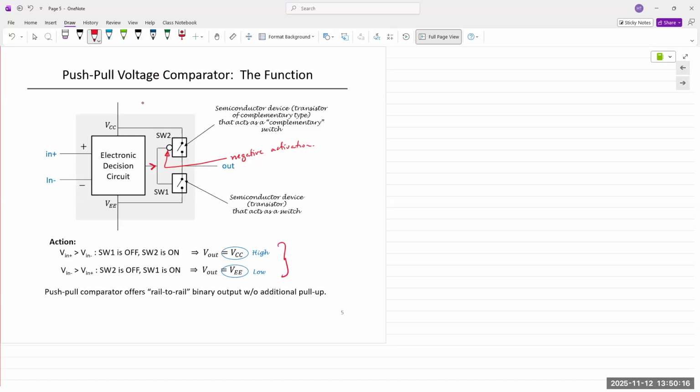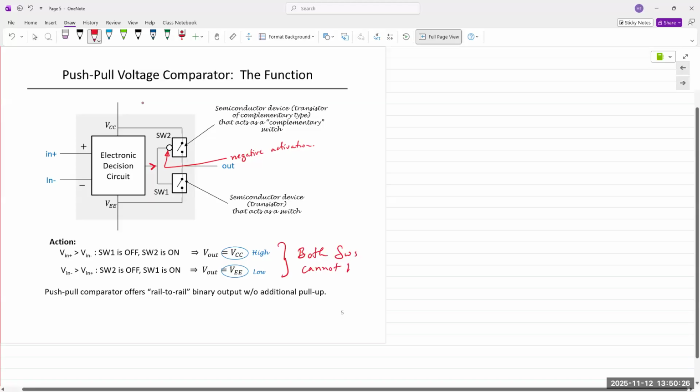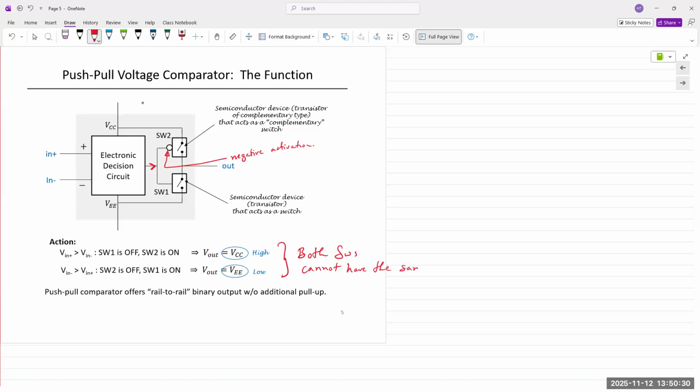So both switches cannot have the same state at the same time.